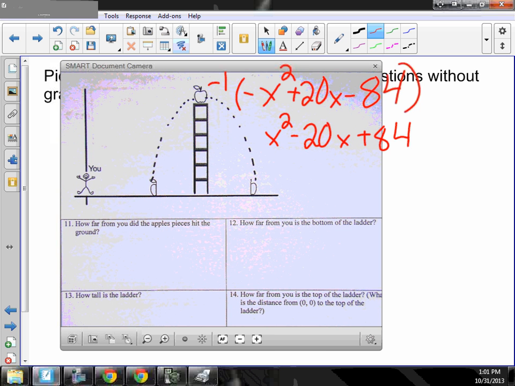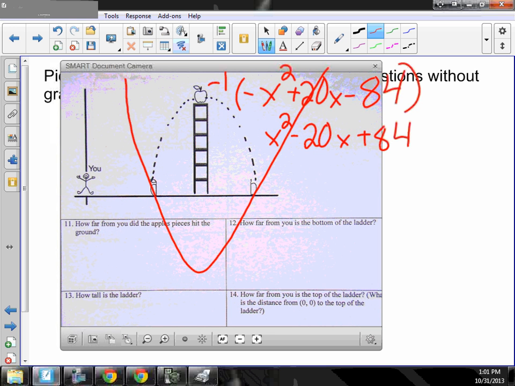Will that change the graph? Yes. The new graph looks like this. But it will not affect the roots. You can multiply by any number you want, and it will change the graph, but it will not change the roots. Okay? So now we factor x minus and x minus.